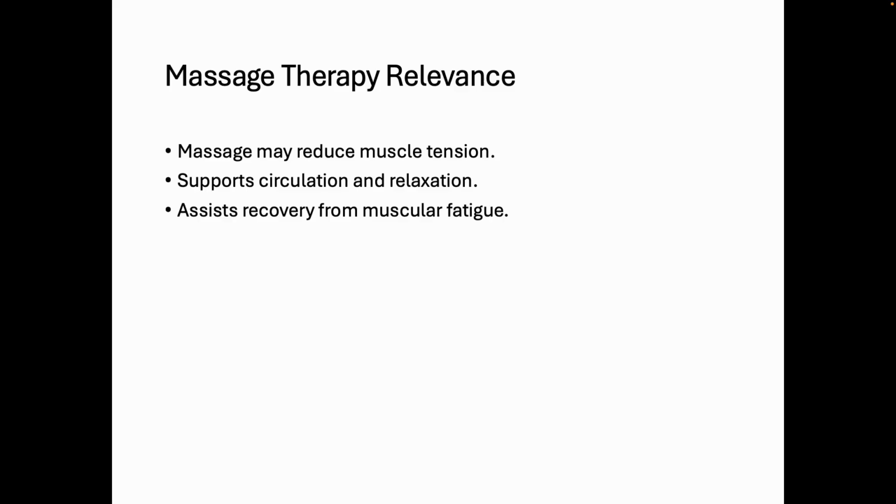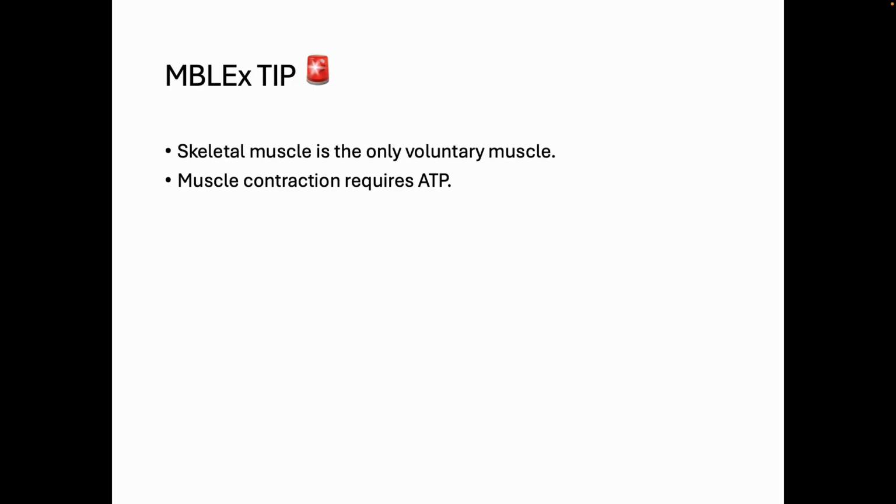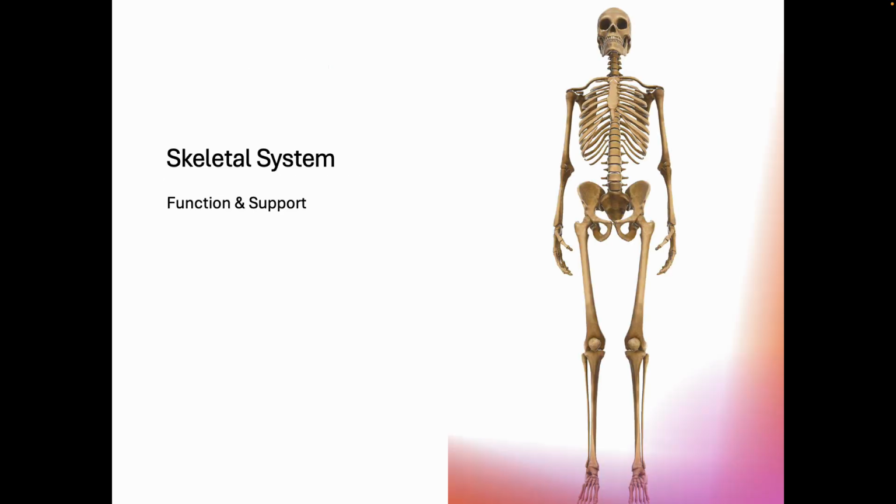It supports your circulation and relaxation and assists in recovery from fatigue. Pro tip for MBLEx: skeletal muscle is the only voluntary muscle, and muscle contractions require ATP. ATP. All right, we're going to take a break.